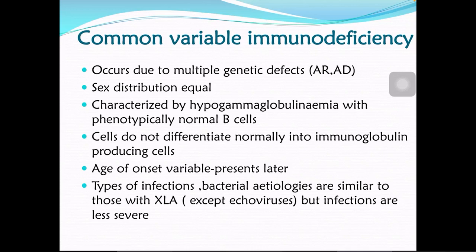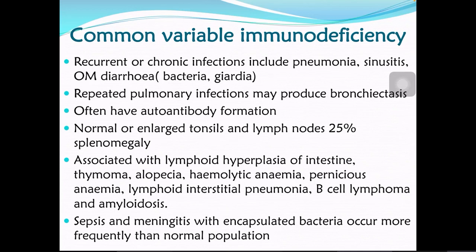And although the etiologies are similar, the infections are, of course, less severe in intensity. So what do they get? They also tend to get the same sort of illnesses. They can have recurrent pneumonias, sinusitis, otitis media, and they can also present with diarrheal illness.